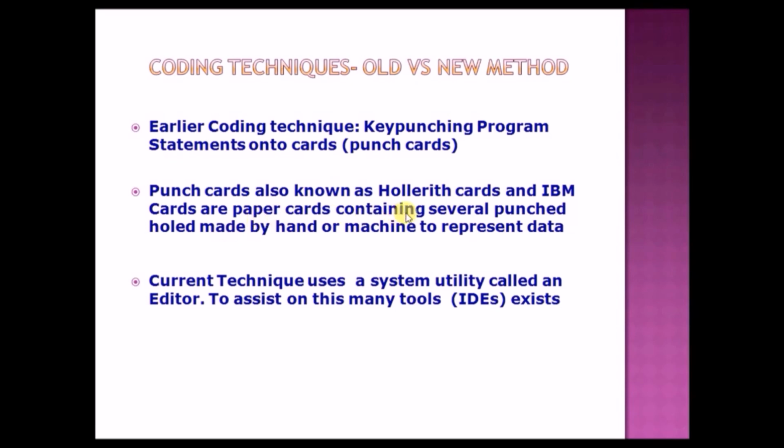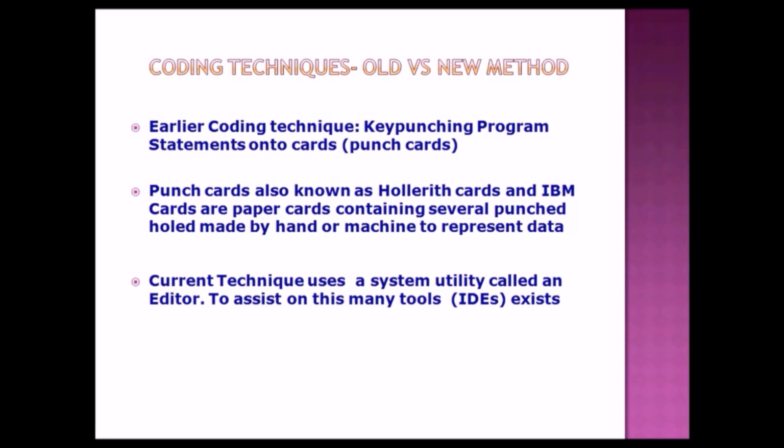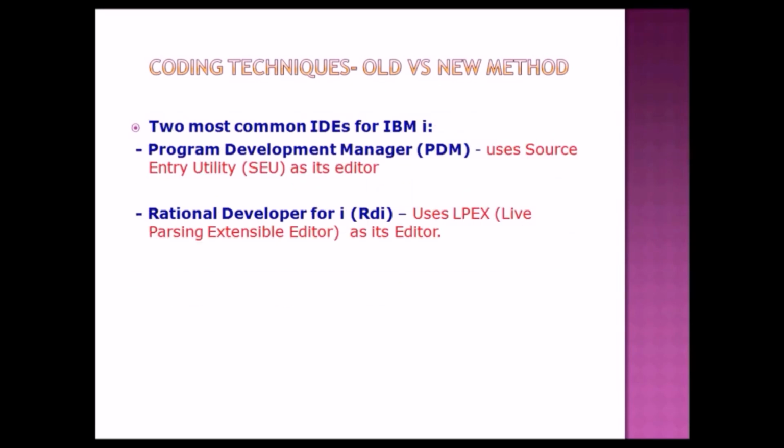These are actually paper cards that contained several punched holes made by hand or machines to represent data. However, current programming has advanced a lot in recent years. We no more use such hectic and time-consuming coding techniques. Current techniques now use a system utility called an editor. To assist with this, many tools, IDEs exist, that is, Integrated Development Environment.